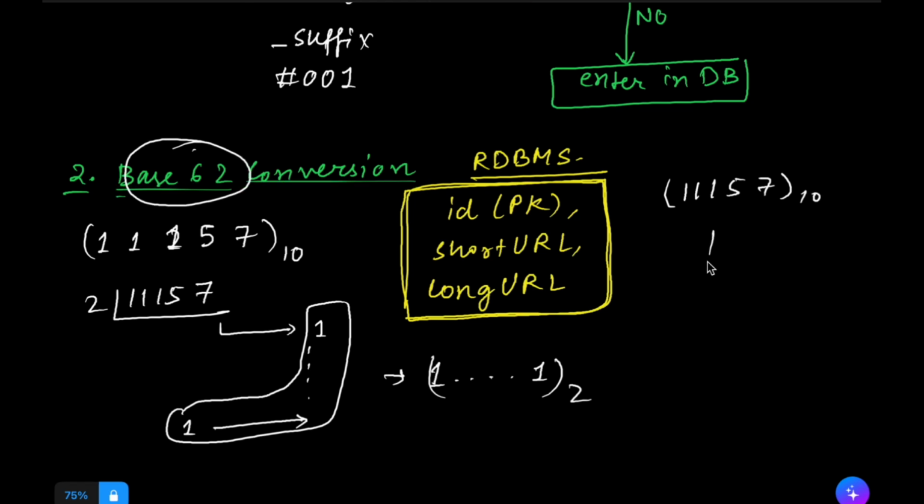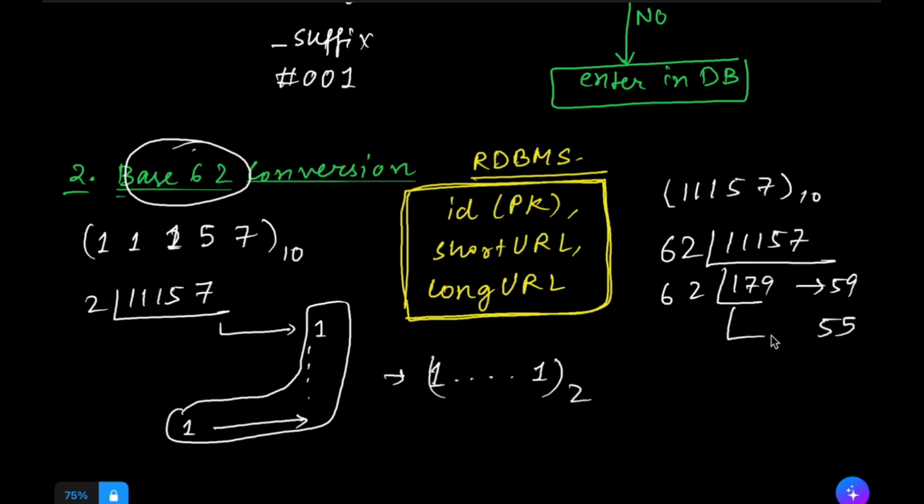So we divide it by 62 and get the remainder. Suppose after this I have 179, I again divide it, I get the remainder, and the quotient is 2.